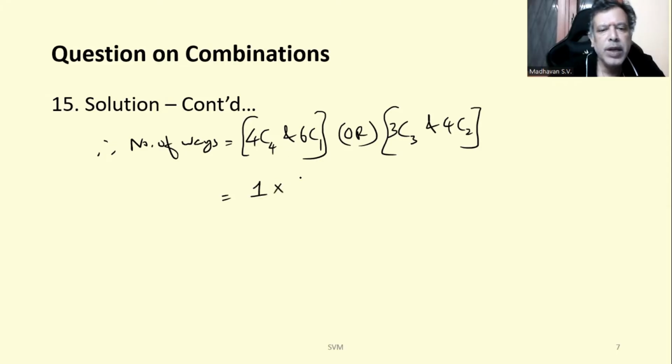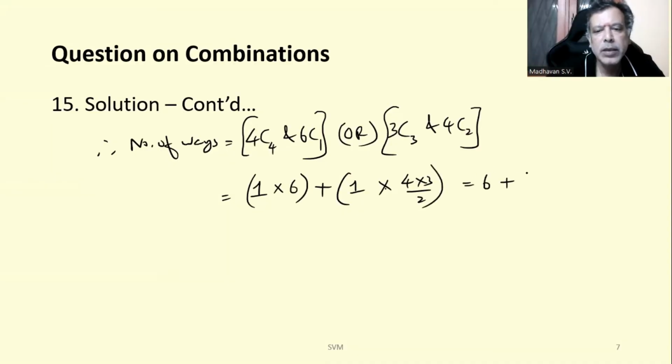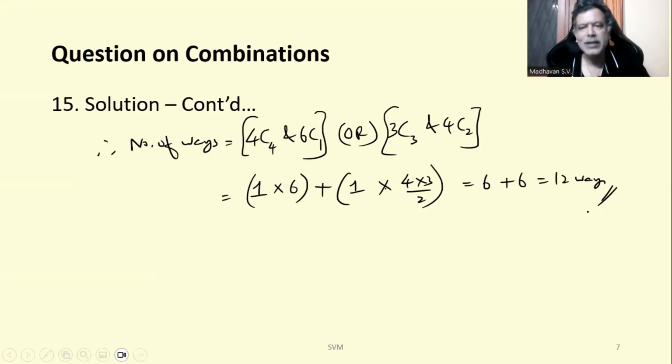And means we have to multiply; 6C1 is 6. Or means we have to add; 3C3 is nothing but 3C0, which is 1. And means multiply; 4C2 is 4 into 3 by 2, which is 6. So you get 6 plus 6, which is 12 ways in total. 12 ways we can select. That is the solution for this particular problem. Let us move on to the next question.